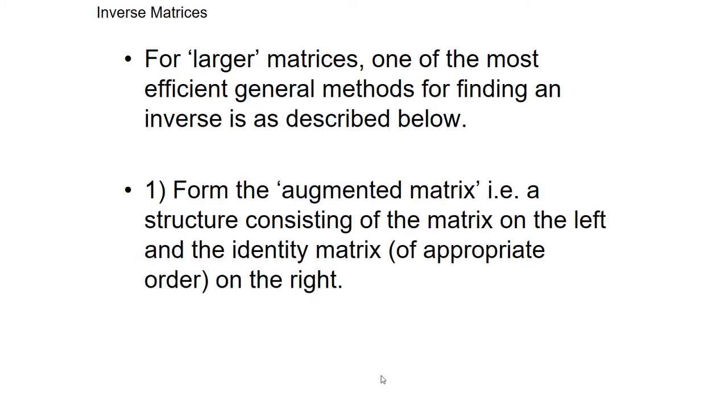What we actually do is we start off and we write what's called an augmented matrix. We take our original matrix, and to the right of that we put the identity matrix of appropriate order.